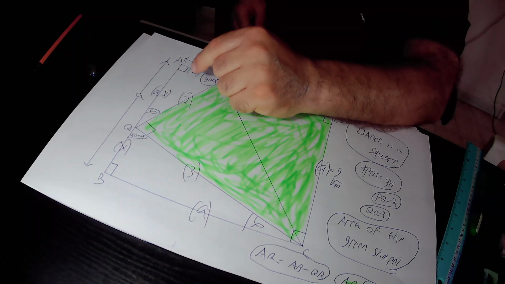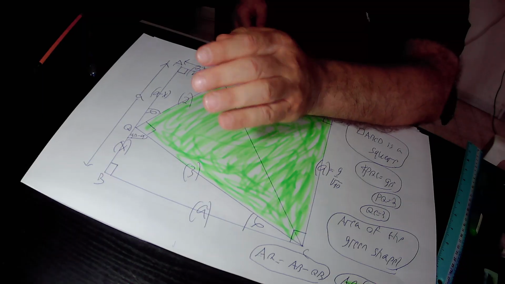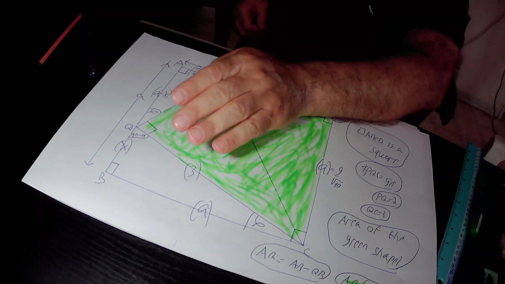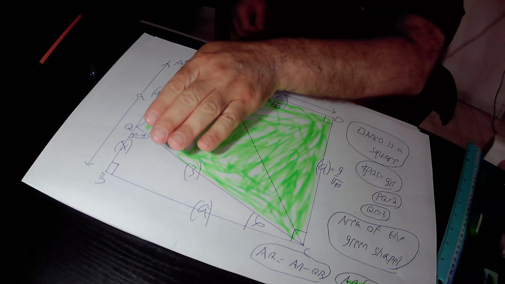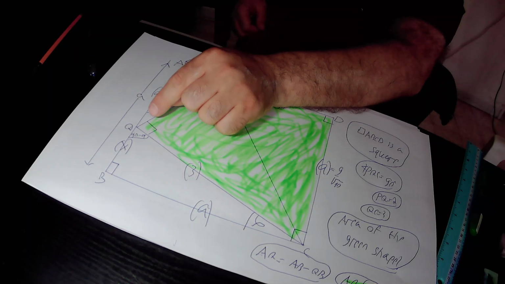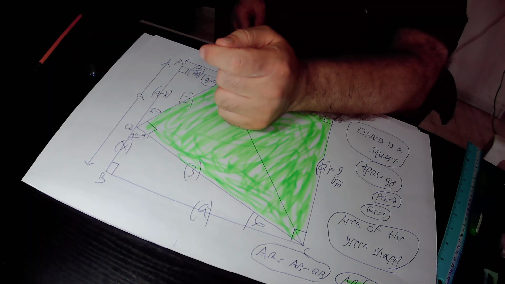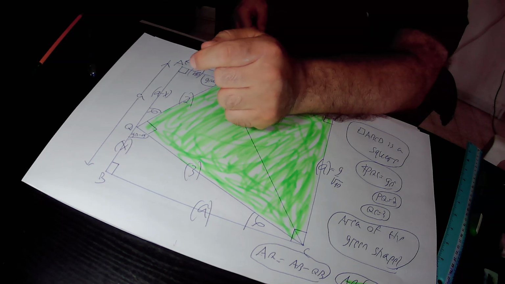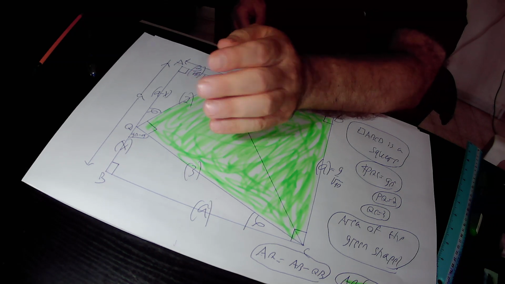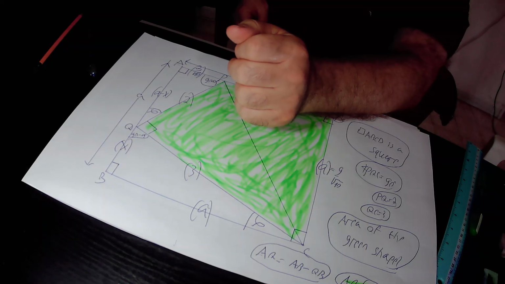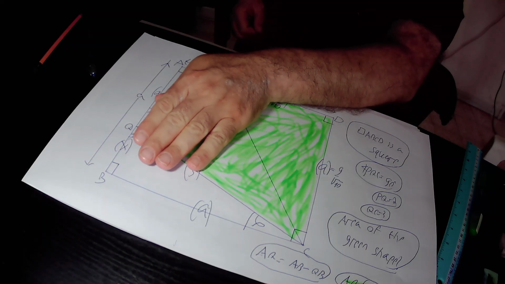AB is one side of square ABCD, and therefore it is absolutely a straight line. So if we focus on this side of the straight line AB at point Q, here the sum of the angles must be equal to 180 degrees according to rule 3 that states that the sum of the angles on one side of the straight line is equal to 180 degrees. So which angles do we have at this side of AB at point Q?